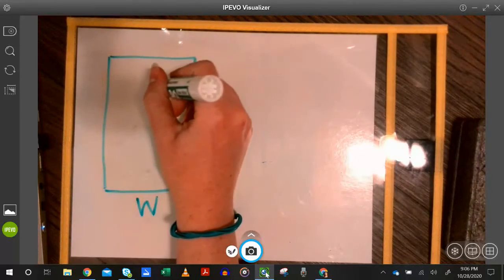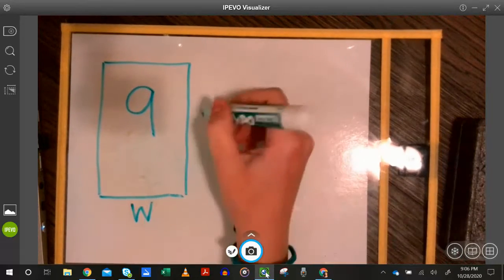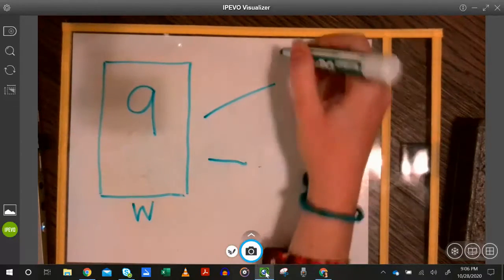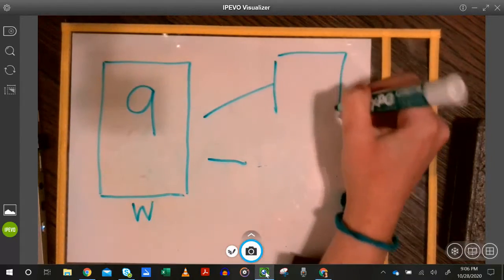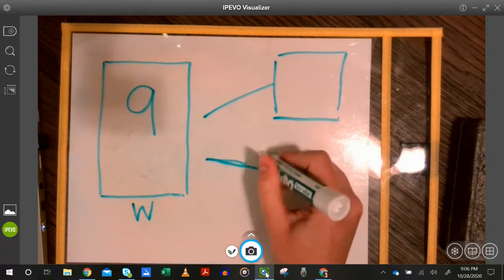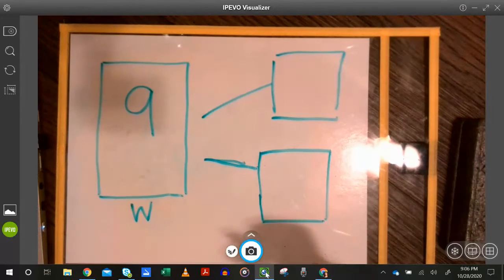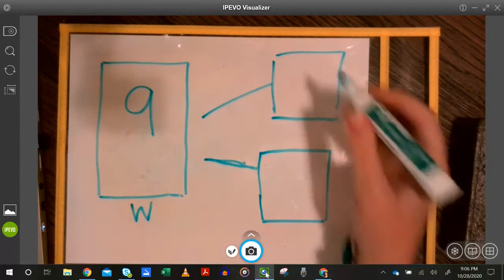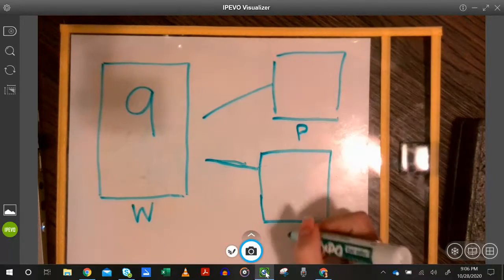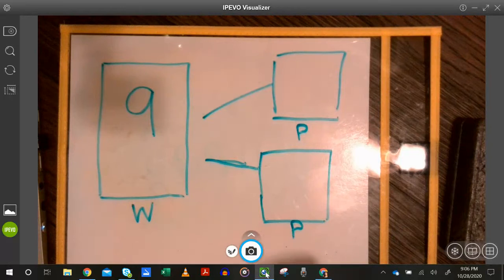If the whole is 9, what might the parts be? Okay, so what parts can come together to make the whole of 9? So if you can think of different ways to make 9, you're in a good place. So we're going to put a P here and a P here. That's a part, that's a part, that's the whole.